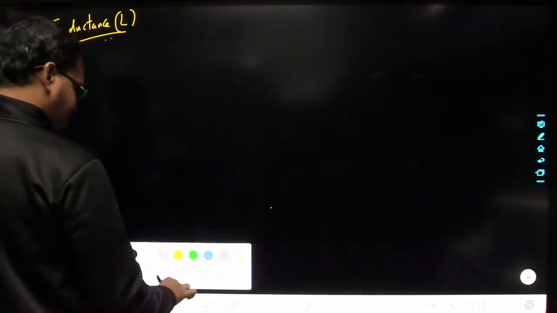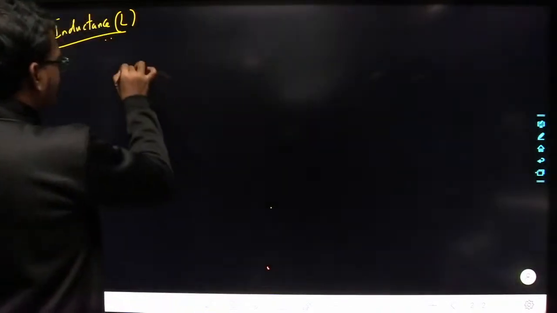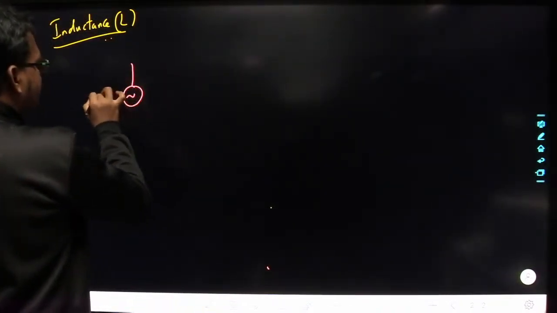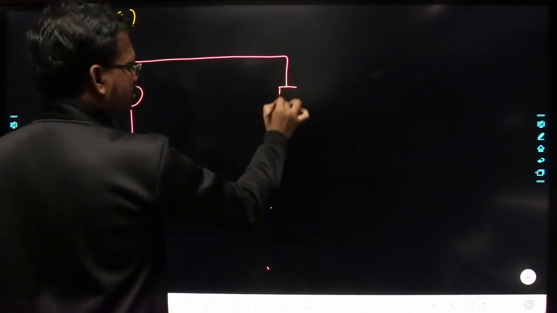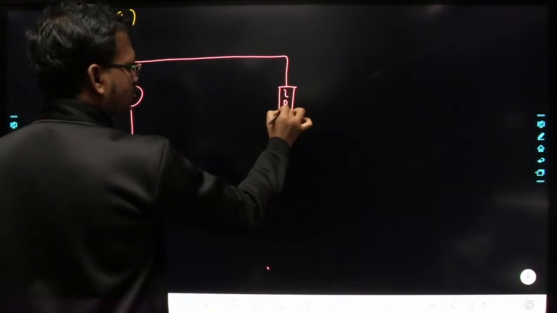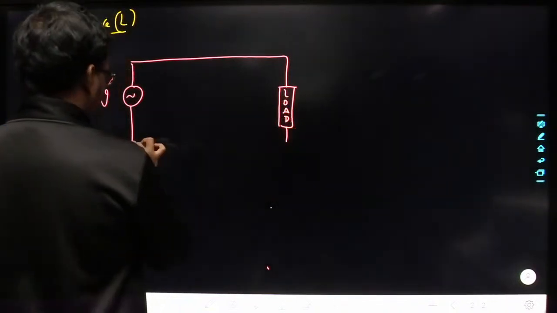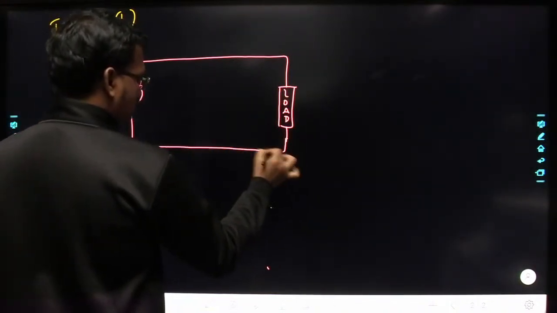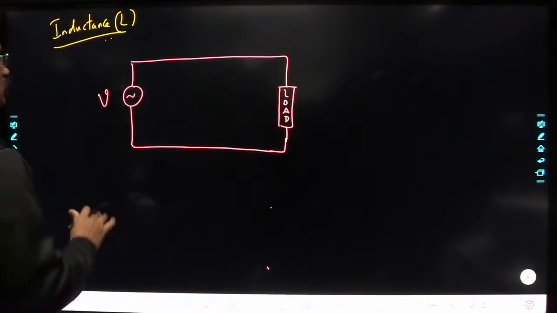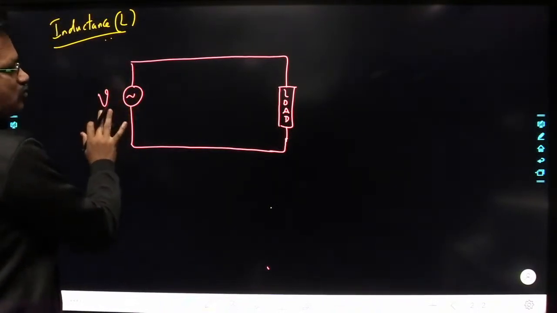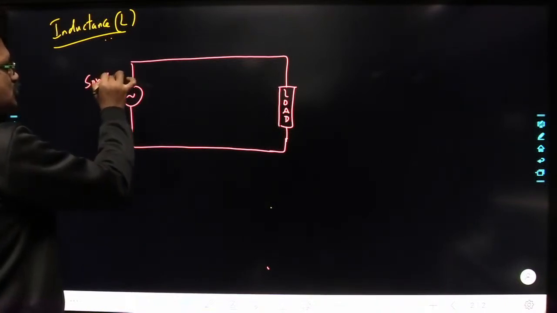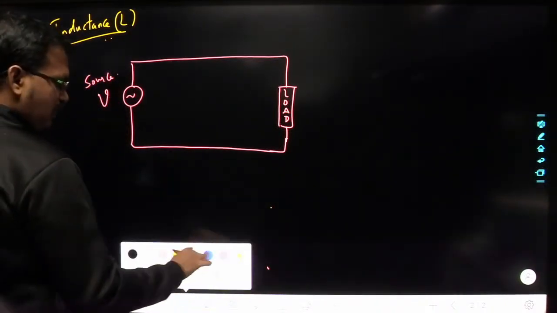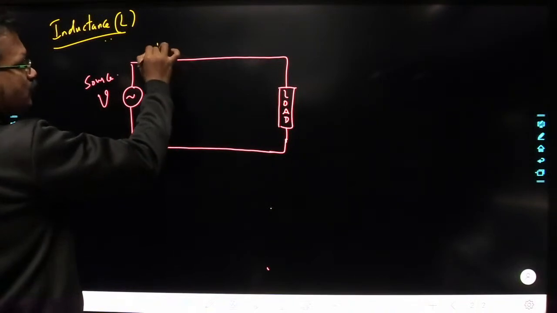Now if I consider the transmission line, let us say here is the applied signal V, and here this is the load. Whenever you apply a signal at the source end, there will be a flow of current.